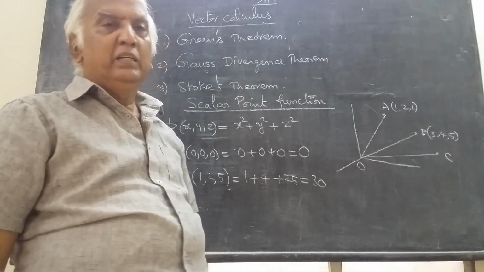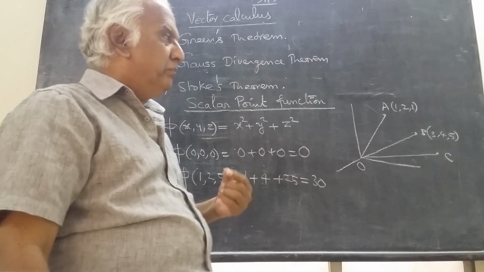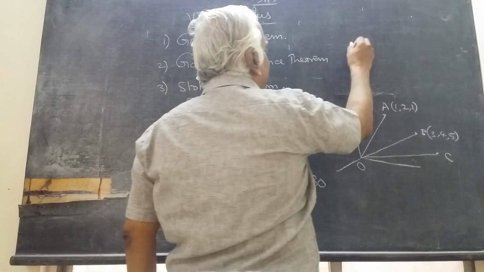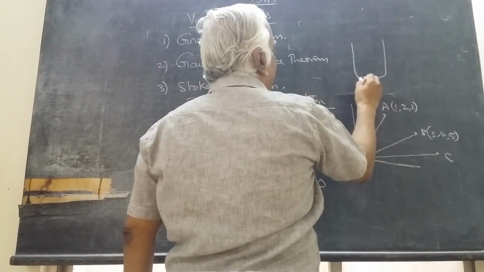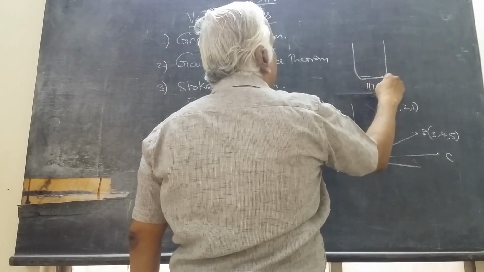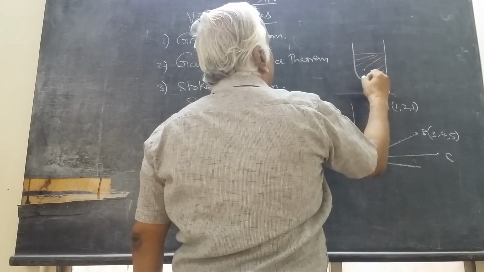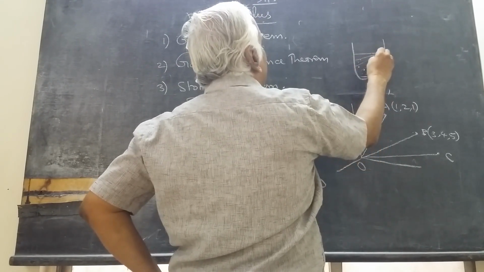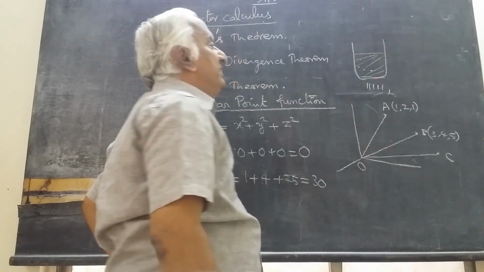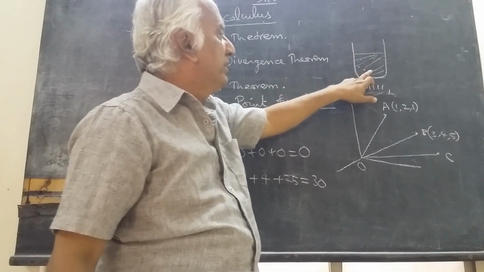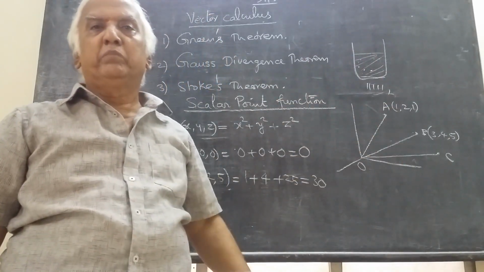Now you consider temperature. The temperature will change from point to point. If you have a vessel and you are heating from the bottom, consider water here. You are heating, so the temperature at every point will be different. As you go up, the temperature will decrease. Temperature is a scalar.